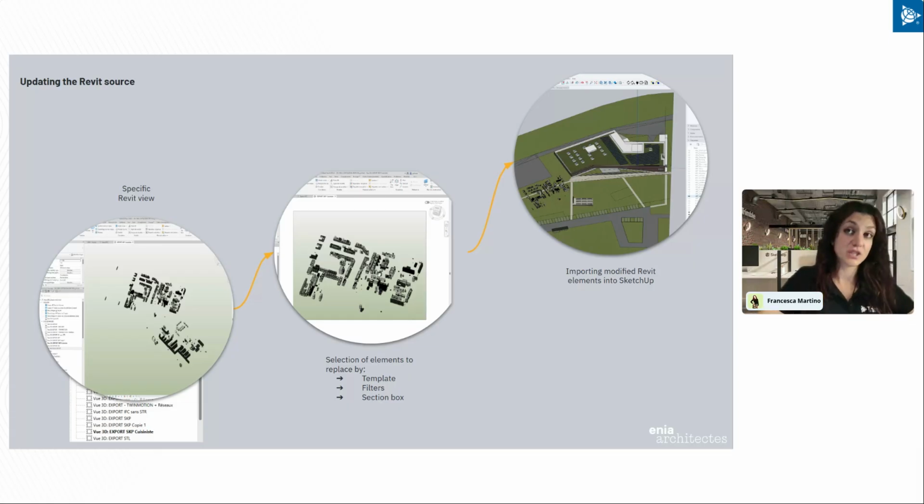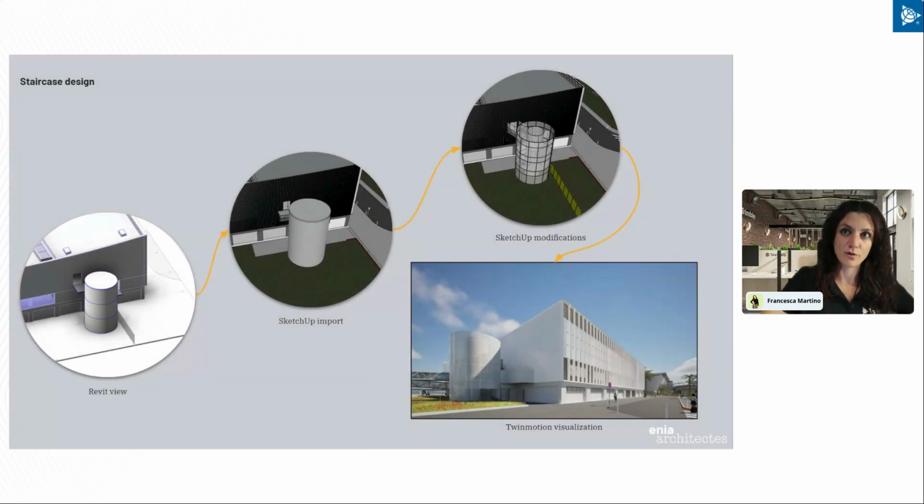So they do that by creating a specific view in the Revit file that visualizes only the elements that have been modified. And then they import only that specific view into the existing SketchUp file so that they don't have to start from scratch and remodel everything from zero, but they can keep all the advancement that they've done on the SketchUp file, and import only the modifications that have been done in Revit. So this is a very practical workflow.